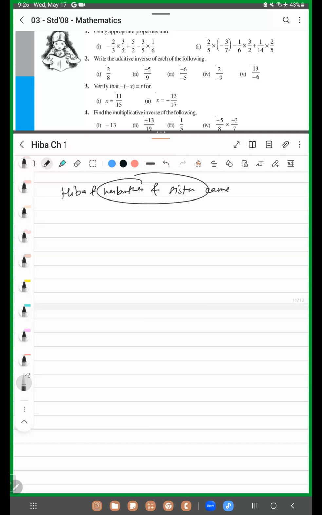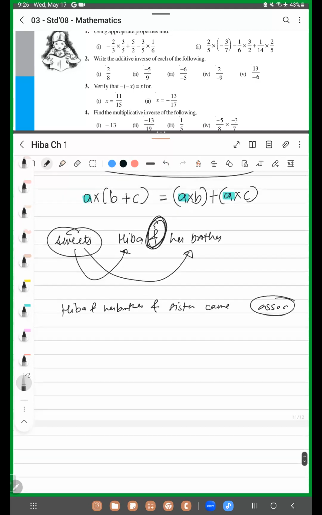Whether I say this first and this later, or I say brother and sister first and then Hiba later, same thing or different? Same. This is the associative property. And this is distributive because something is being distributed. This A will now go to B also and to C also.